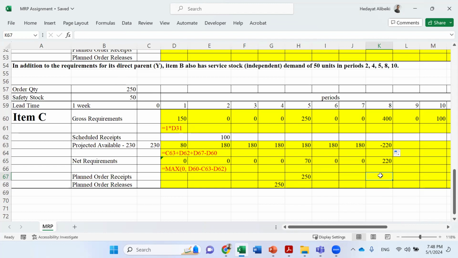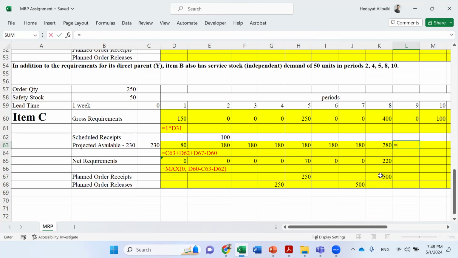I need 270 in order to meet the gross requirement. How much do I add here? 500. Two boxes, right? Two batches. So it'll be 500, and the 280 is going to be projected on hand.